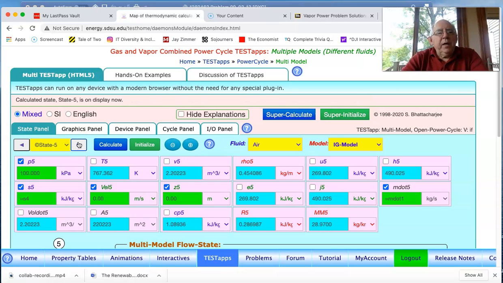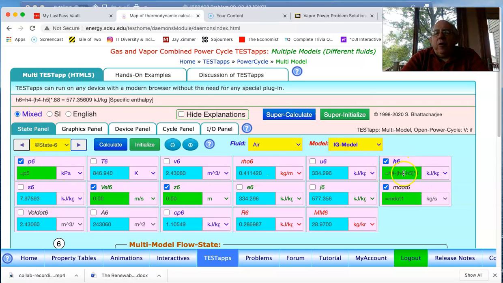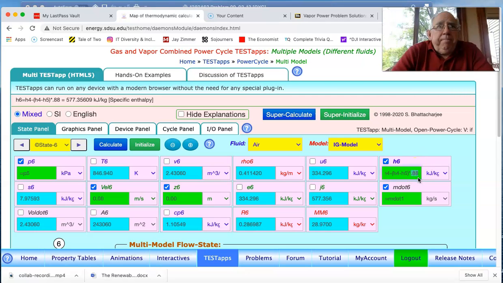The isentropic work generated by the gas turbine is given by state 5 as it expands to 100 kPa. The actual work is associated with the enthalpy, where I take the H4 and subtract the isentropic work times an 88% efficiency.